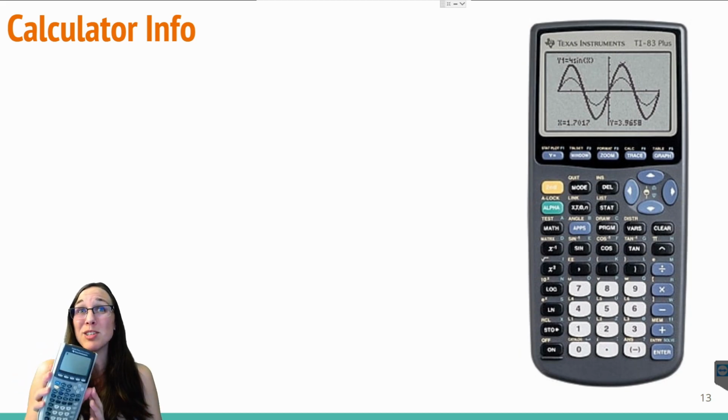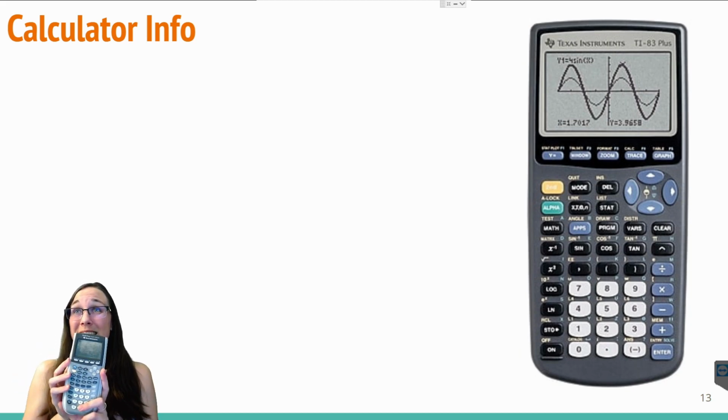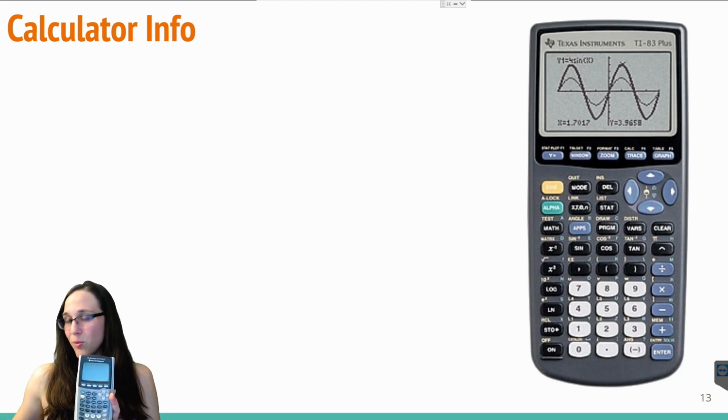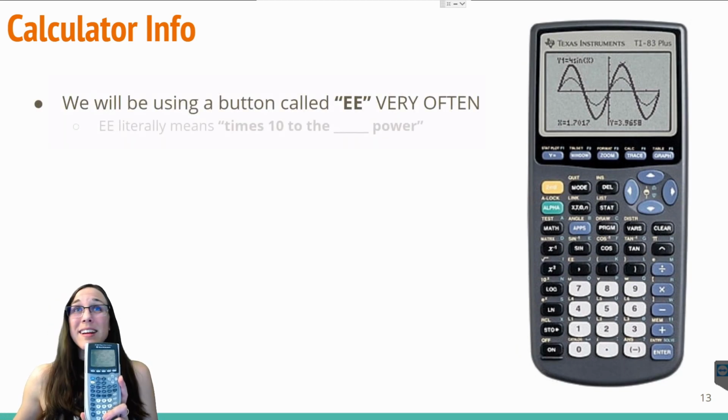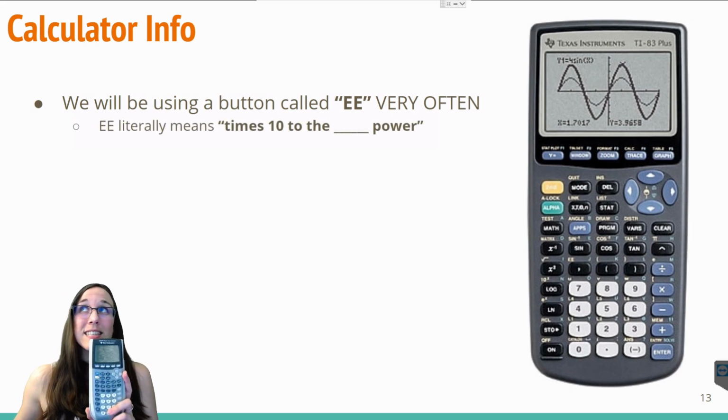Anyhow, in chemistry, we're going to be using the EE button a lot. What on earth is an EE button? The EE button essentially replaces the times 10 to the power of what?